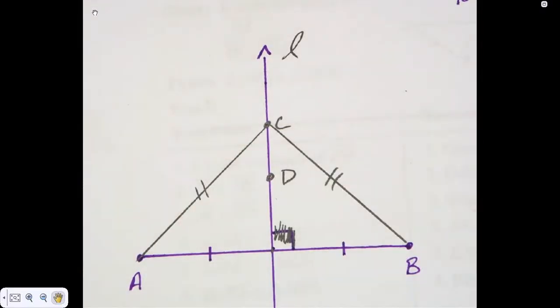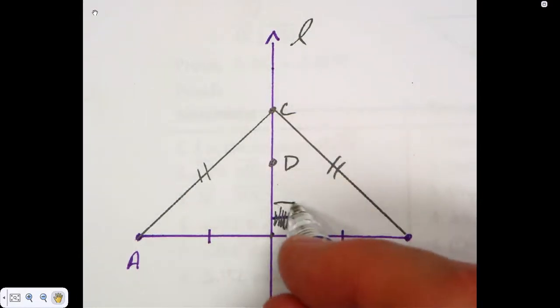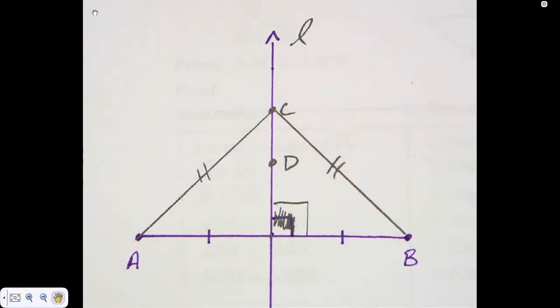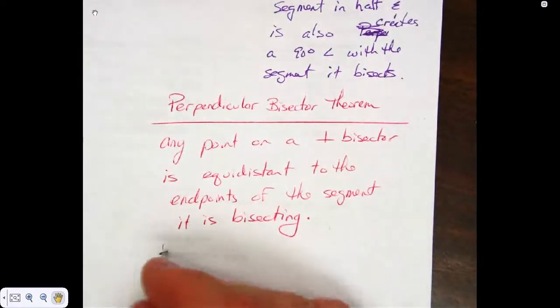All I told you is that this distance is equal to that distance, and this is a what? Bisector. It cuts this in half. What do you think I can say? If this distance is equal and this distance is equal, what do you think this line here has to be? A perpendicular what? Bisector. So underneath the perpendicular bisector theorem, we could say, and vice versa, right?